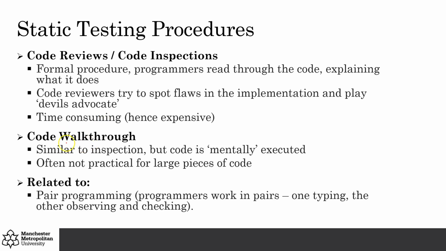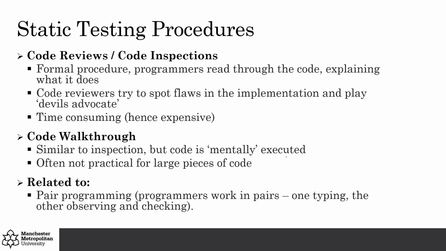Another example which is similar to code inspection and code review is called code walkthrough, which is where you mentally execute the code. For example, you're performing those calculations. So if you've got int i equals 0, you'll try to mentally execute it, create the variables in your head and flow through the code. That also isn't practical for large pieces of code, because you could have a method doing quite an advanced calculation which isn't practical to do inside your head.